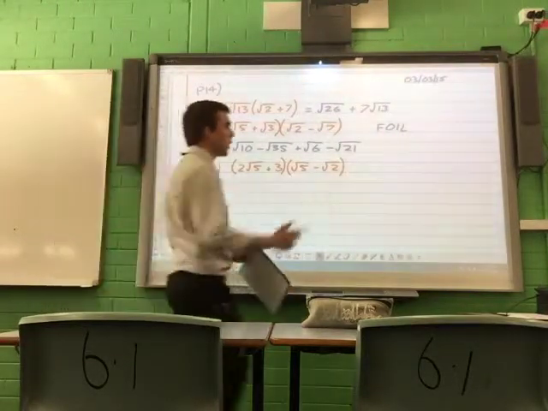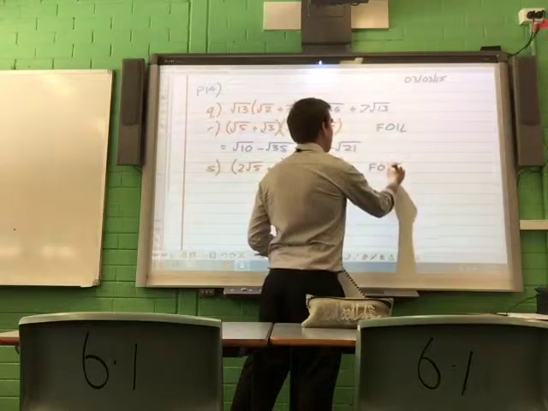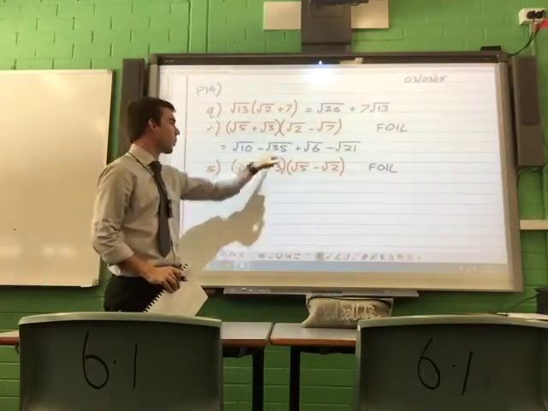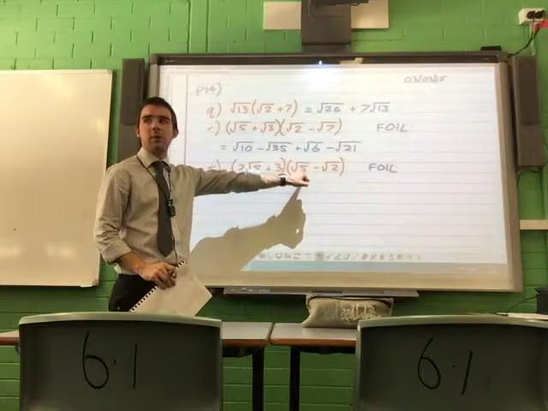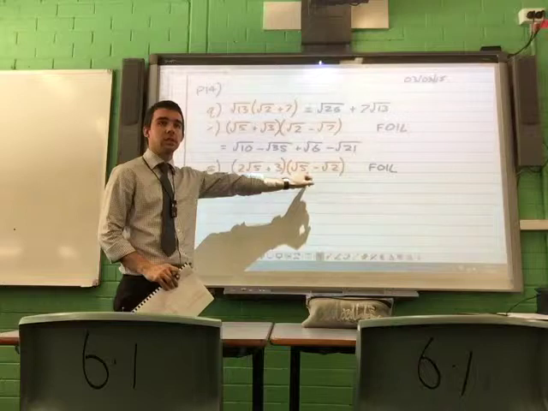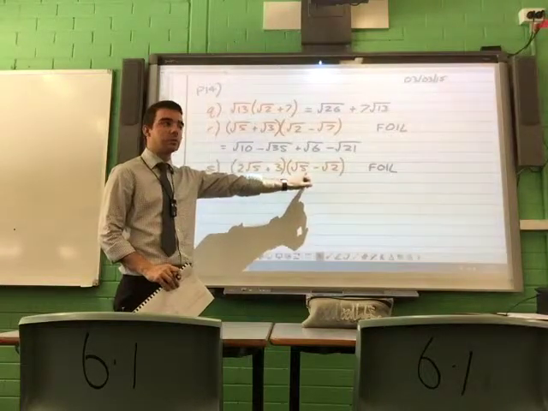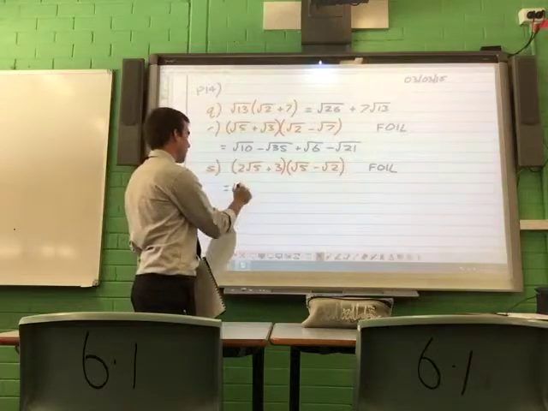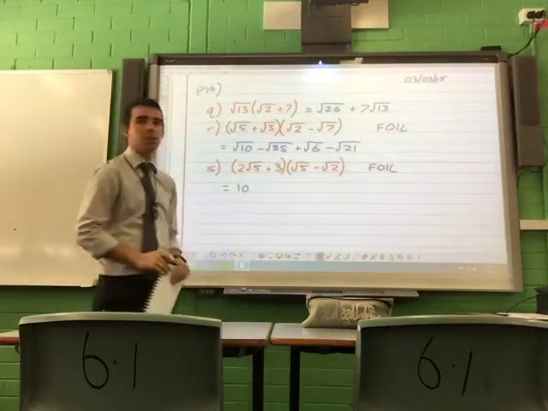Again, we're going to do a FOIL, binomial product. First, 2 root 5 times root 5. Root 5 times root 5 is 5, and then times 2, so 5 times 2, the first term will be 10.